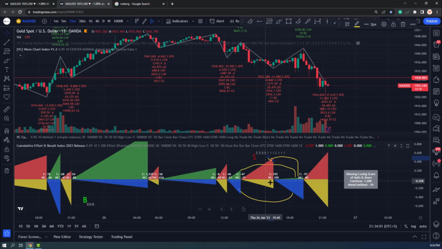Well, here, actually, it's less effort. Yeah. On the downside, the bears are consuming less effort and getting more results. But on the upside movement, the bulls are struggling and consuming more effort, but getting almost no results as compared to the previous two waves. So this is not just a one-side comparison. This is a two-sided comparison.